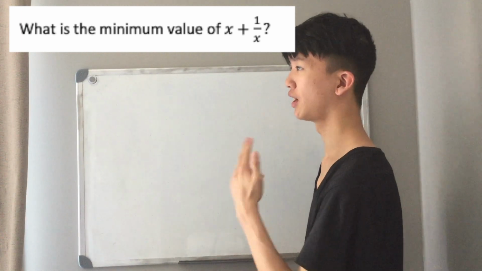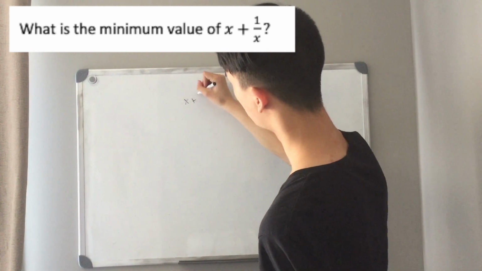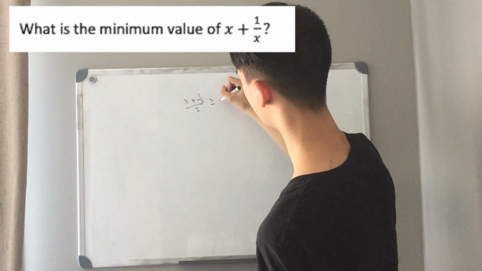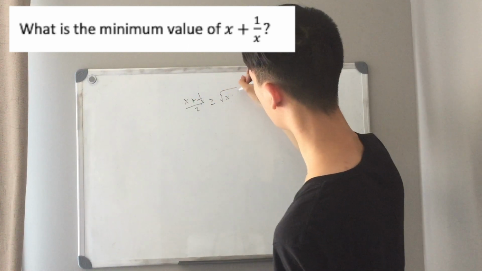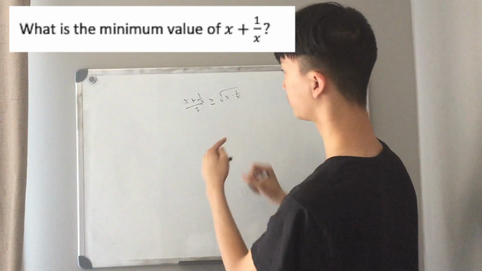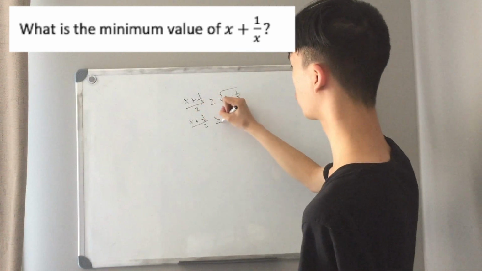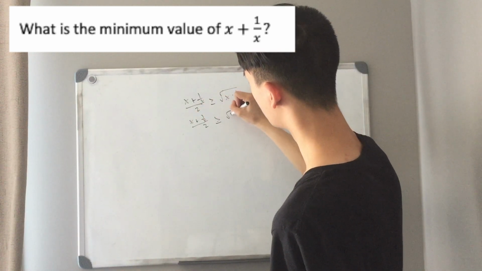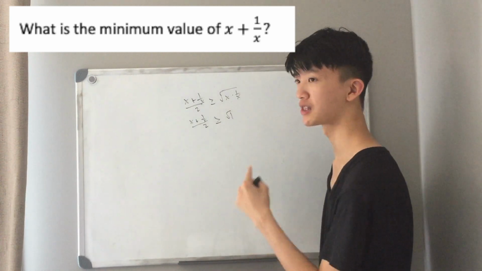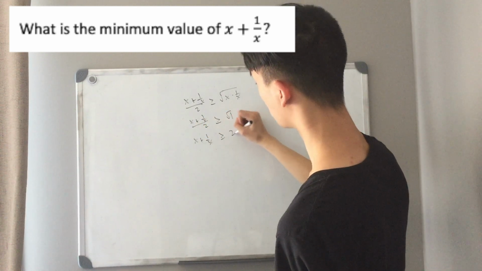So we're going to substitute x and 1/x into AM-GM. So we have (x + 1/x)/2 is greater than or equal to the square root of x times 1/x. Now x times 1/x is equal to 1. So (x + 1/x)/2 is greater than or equal to the square root of 1, which is 1, so we multiply both sides by 2 to get x + 1/x is greater than or equal to 2.